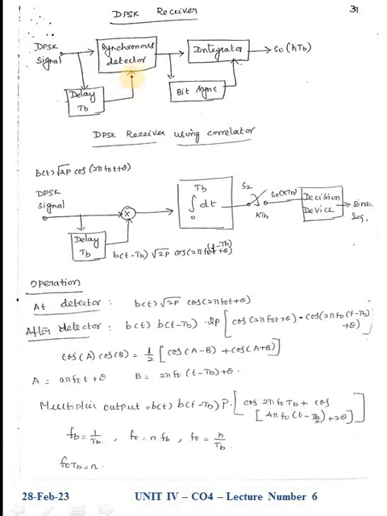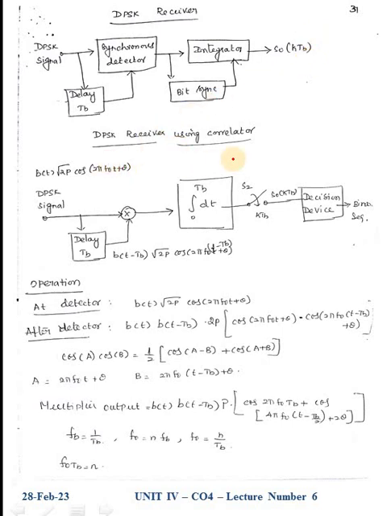That is obtained with the help of the delay unit. The integrator is used to demodulate the signal based upon the detector output, so we can achieve the demodulated signal at the receiver side.